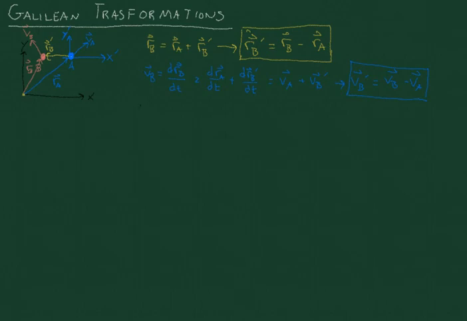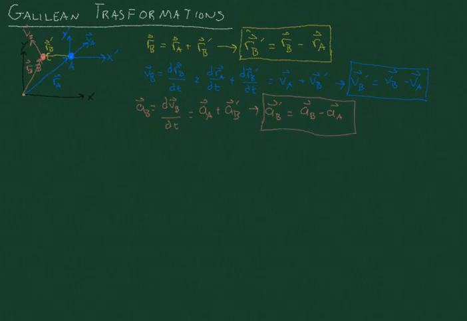And then finally we can get the acceleration of B by saying, by definition, this is the derivative of velocity B dt, which is just going to be the acceleration of A plus the apparent acceleration of B in A's frame, meaning the acceleration of B compared to A is going to be equal to the actual acceleration of B minus the acceleration of A.